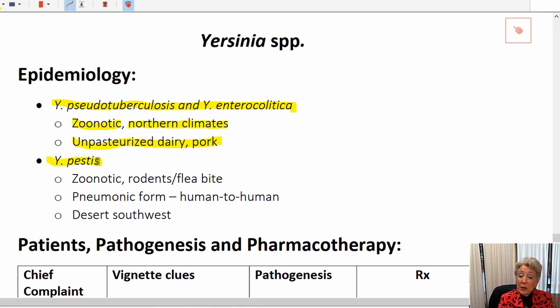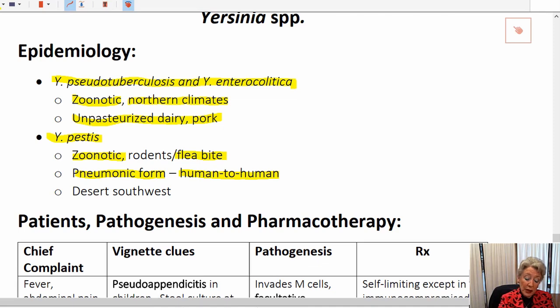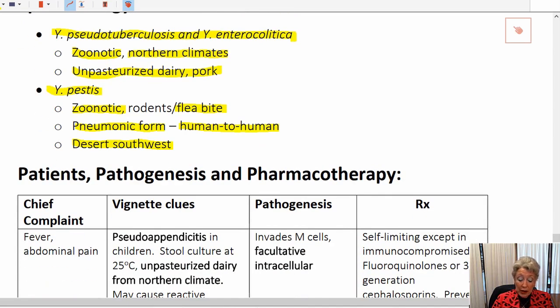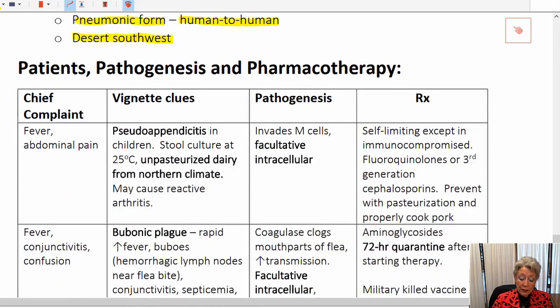Yersinia pestis, remember, is the agent of the Black Death or plague, also a zoonotic, transmitted either from rodents via the bite of fleas or human to human in the pneumonic form. Now, surprisingly to some, this is endemic in the United States in the desert Southwest. So we do have a few cases every year in the United States without any travel being necessary.